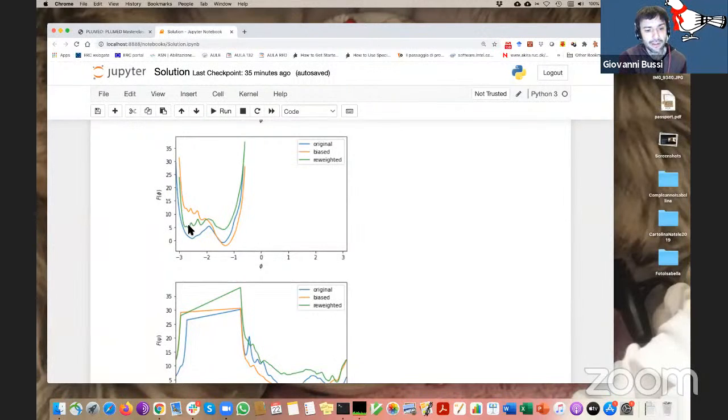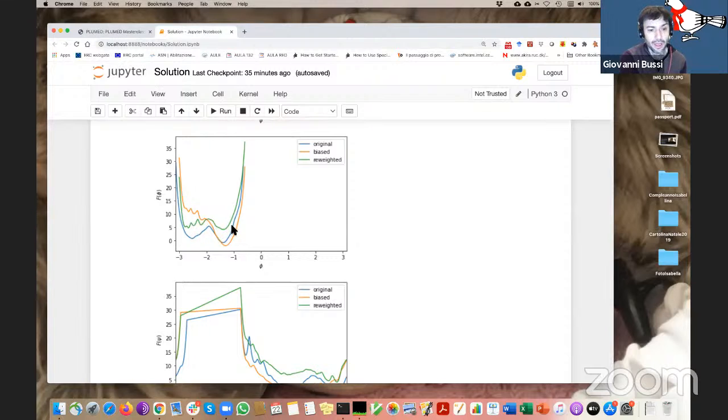And so once you do that, the weighted histogram here becomes more heavy, and so the free energy becomes more negative, so less positive in this case. So basically the green line here is similar to the orange line. It has the same kind of fluctuations, but it's shifted down here so that the two minima become more or less comparable.